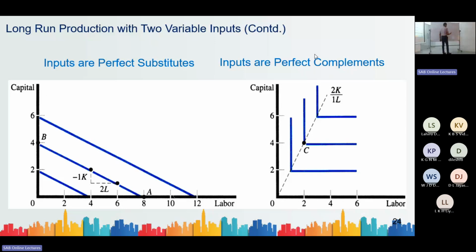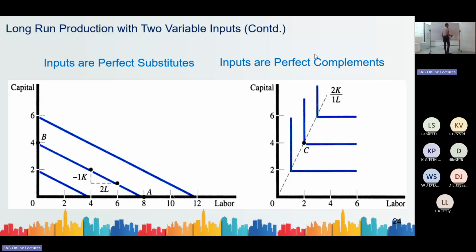So they have to maintain the same ratio. What is the ratio? The firm has to maintain a 3 to 7 ratio all the time. Here the ratio is 3 to 7, here also, and here also.